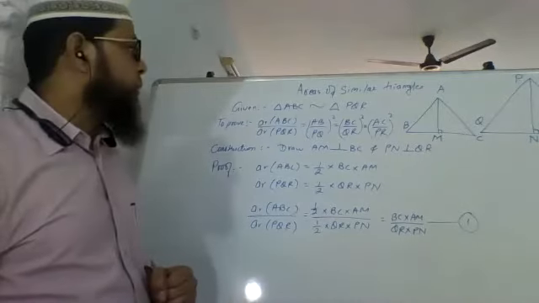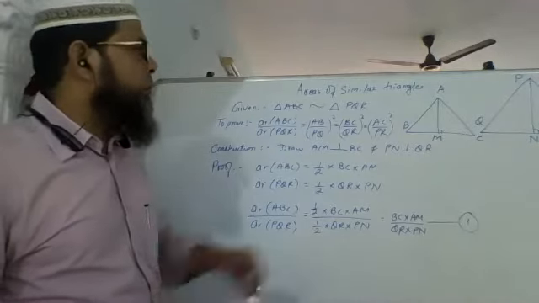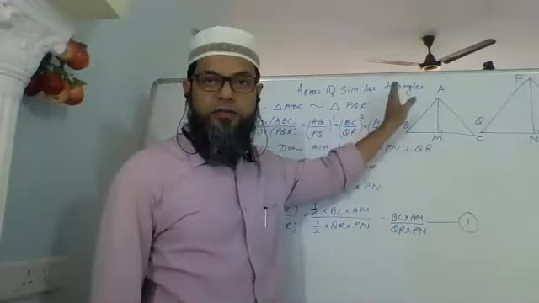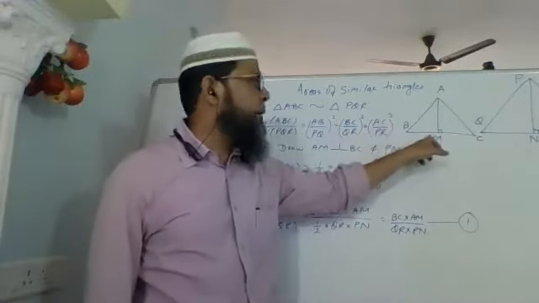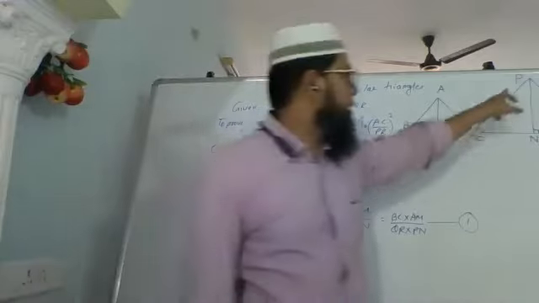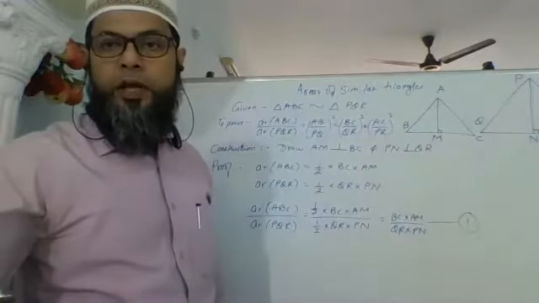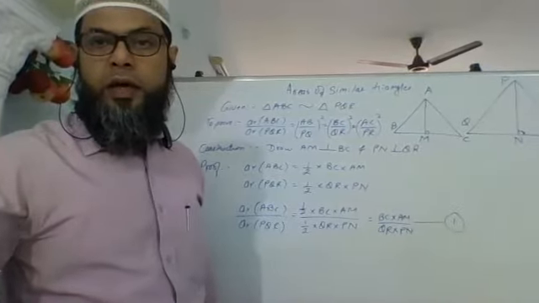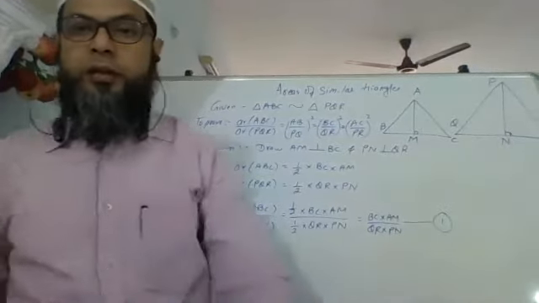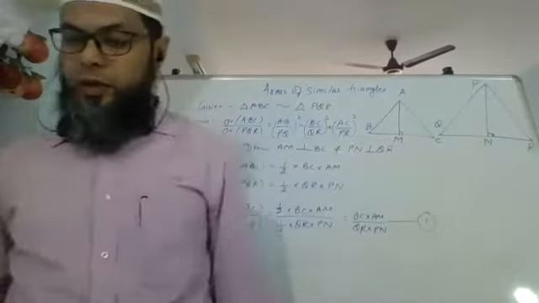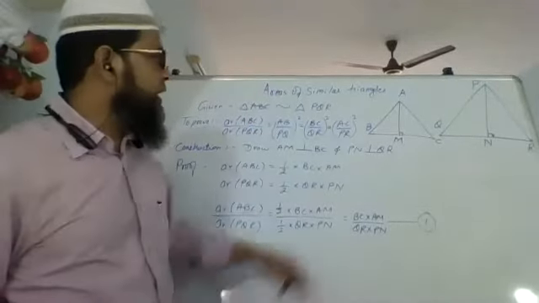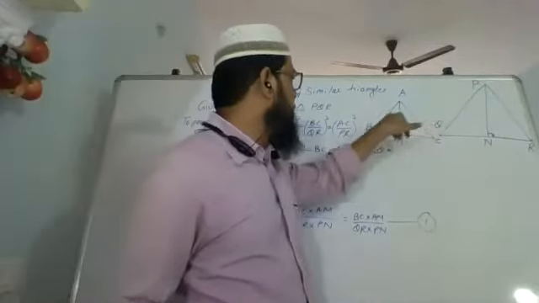Done. Okay. Now look at triangle ABM and this part, triangle PQN. What is happening in ABM and PQN?